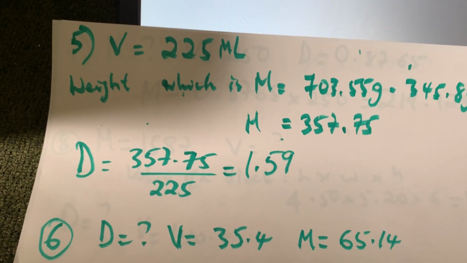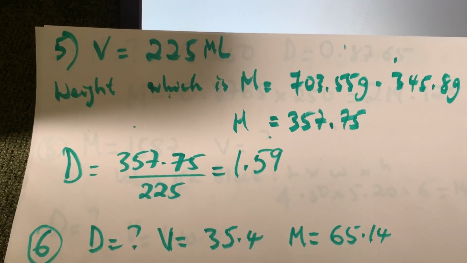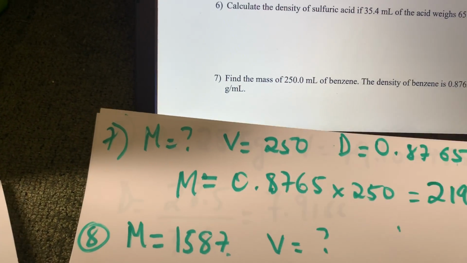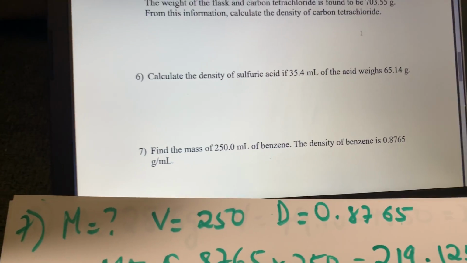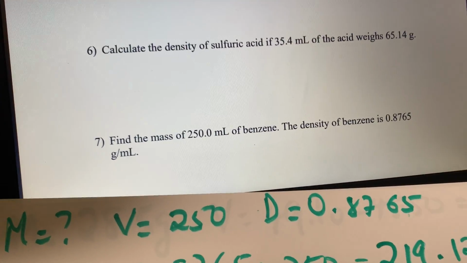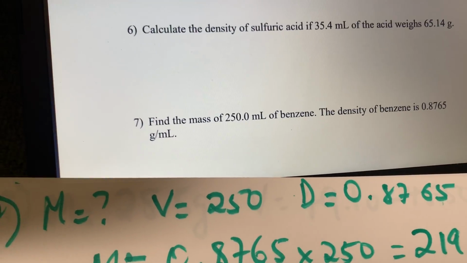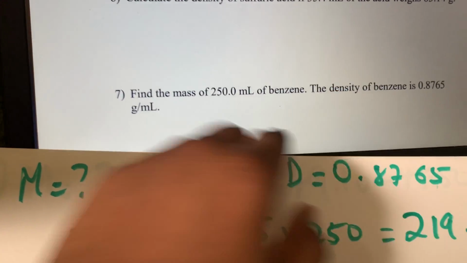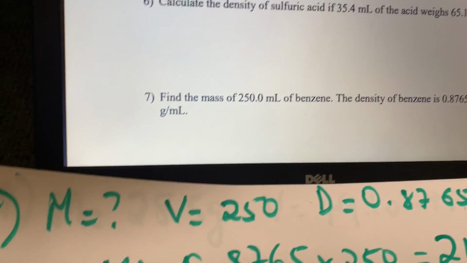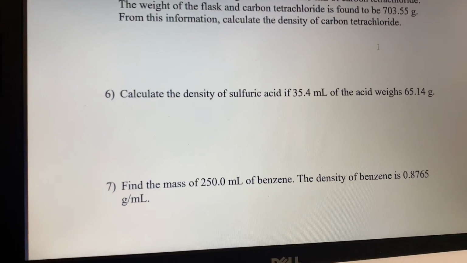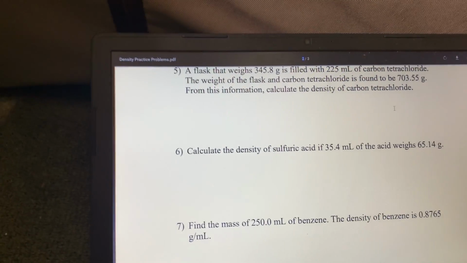Now let's move on to number 7. Number 7 is asking us to find the mass of 250 milliliter of benzene. It's also a chemical, and they said the density of benzene is 0.8765 gram per milliliter.